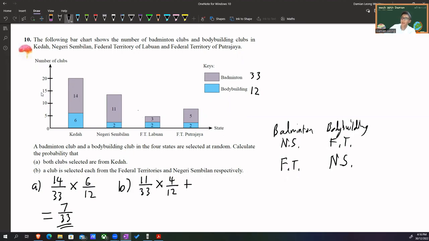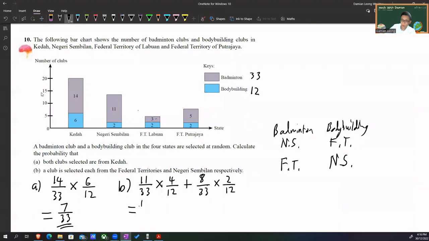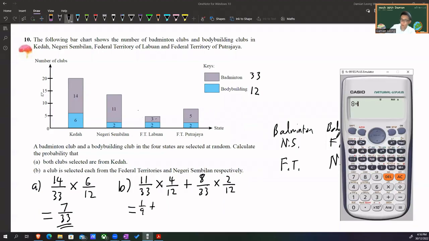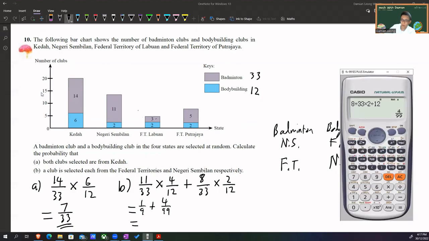Or the other case, badminton from Federal Territory: 3 plus 5, 8 out of total 33, and bodybuilding from Negeri Sembilan, 2 of them out of total 12. So 11 over 33 times 4 over 12 is 1 over 9, plus 8 over 33 times 2 over 12, which is 4 over 99. 1 over 9 plus 4 over 99 is 5 over 33.